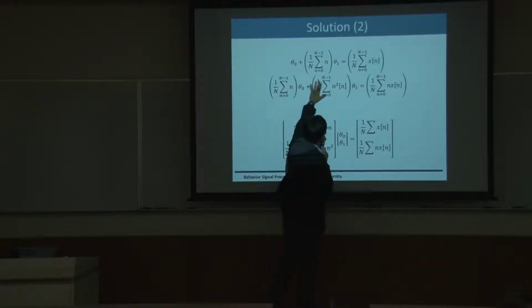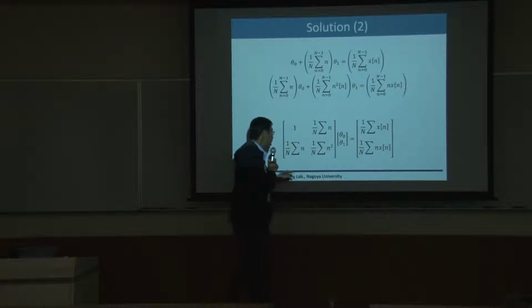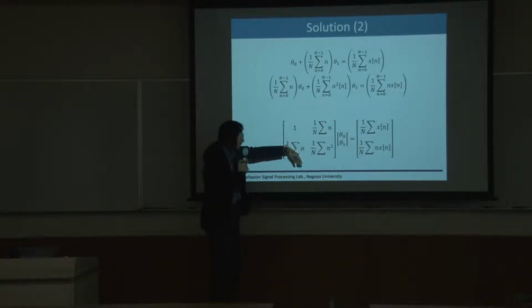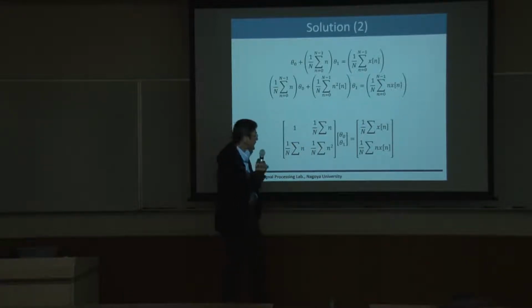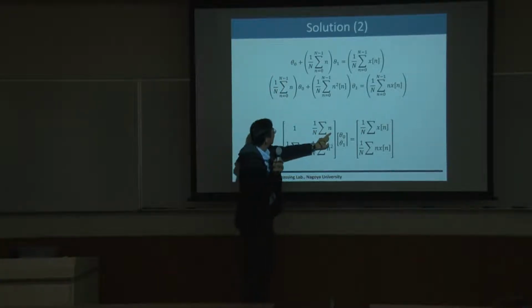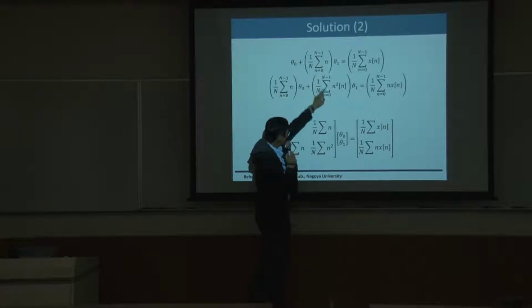But anyway, the calculation becomes like this, and when you convert these two equations into matrix form, you end up with this form. So theta 0, theta 1, this vector, should be determined by this equation. The left-hand side of the equation is a 2 by 2 matrix, which has the 1, the coefficient of theta 0, and the average of n comes from this term.